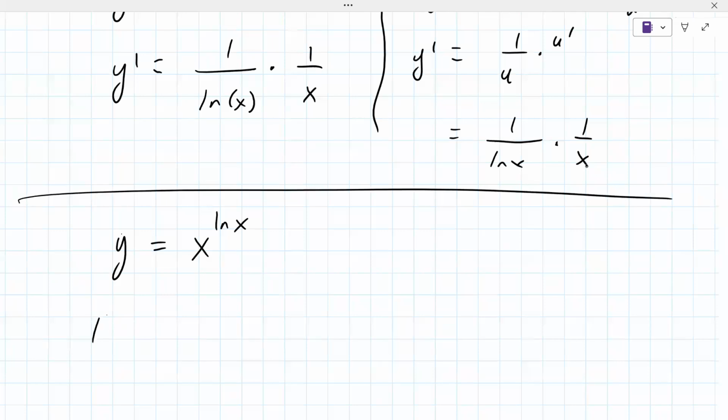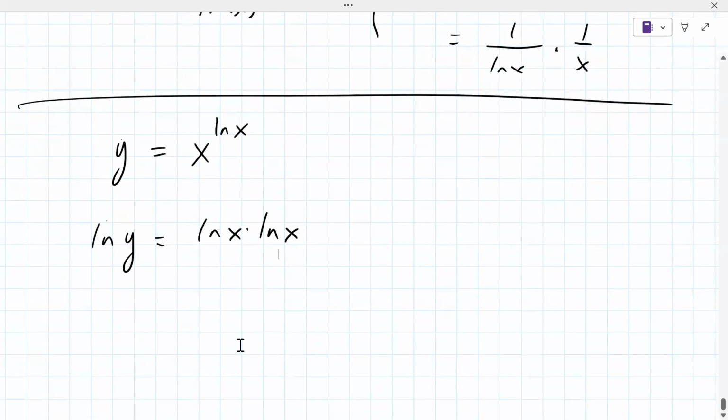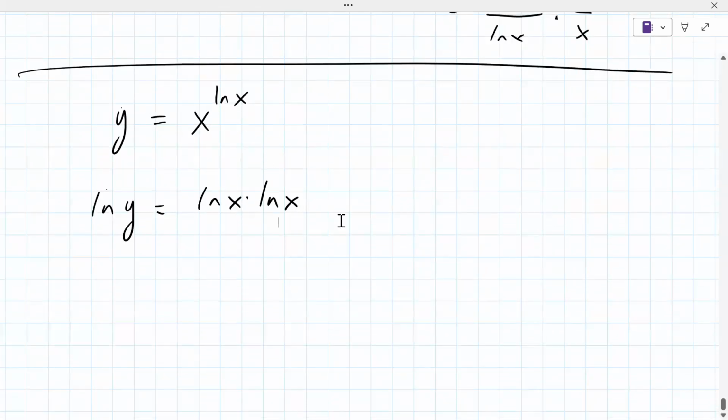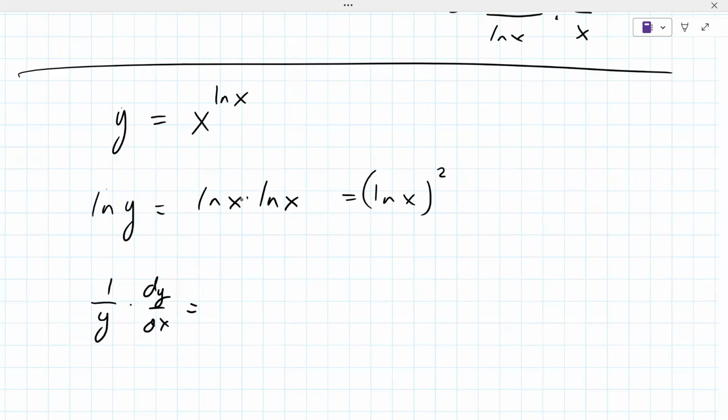Sure, you take the natural log of both sides. There's a couple ways to do this. You could treat this as natural log of x squared, or you could do product rule. Either works. But this is 1 over y times dy dx equals, if we do product rule, natural log x times 1 over x plus 1 over x times natural log of x.